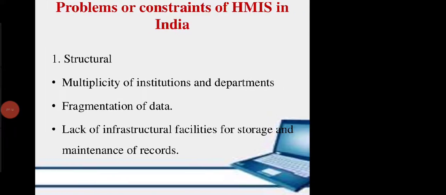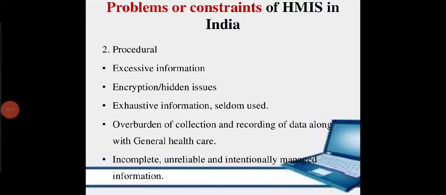And the procedural problems: excessive information because of more population, encryption or hidden issues are more, exhaustive information and seldom used, overburden of collection and recording of data along with general health care, incomplete, unreliable and intentionally managed information.